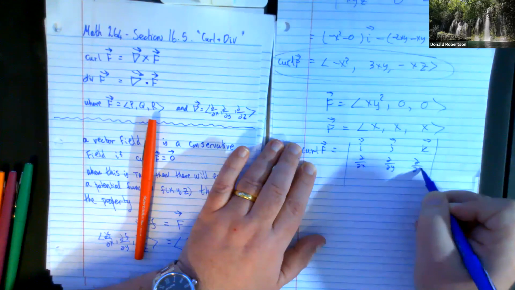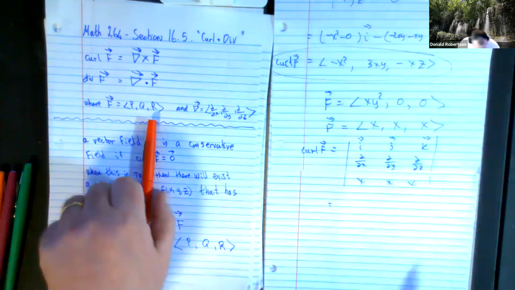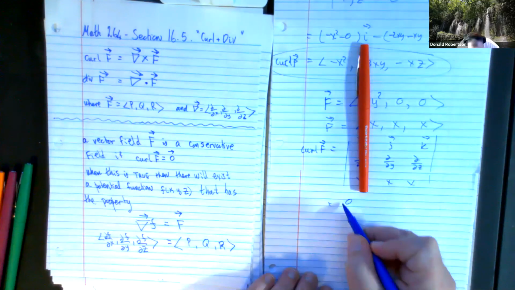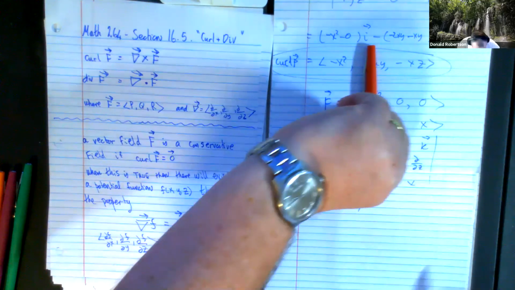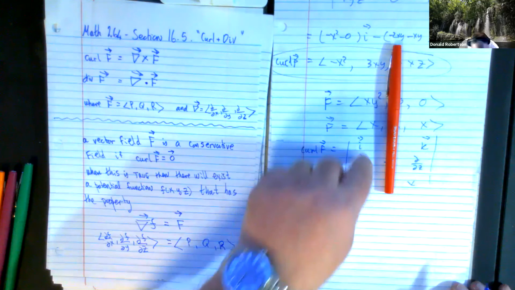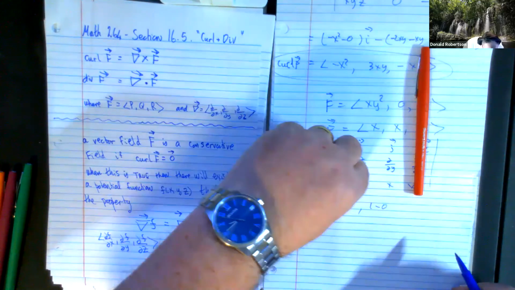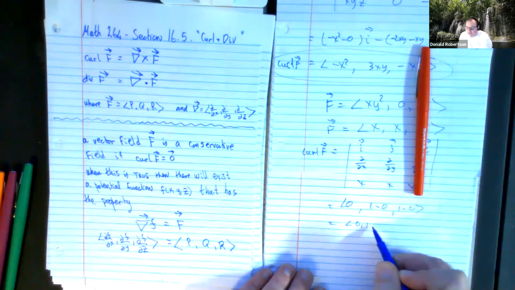I don't know. I guess I'll find out in the first term. 0 take away 0. Maybe not in the first term. Just because the first one's 0 doesn't make the other ones guaranteed. 1 take away 0. 1 take away 0. So what you get is not a conservative field.